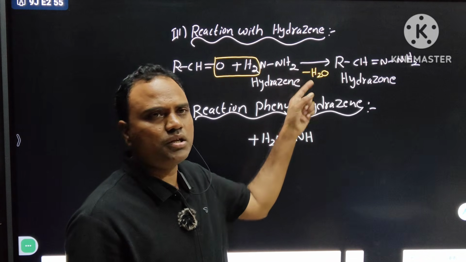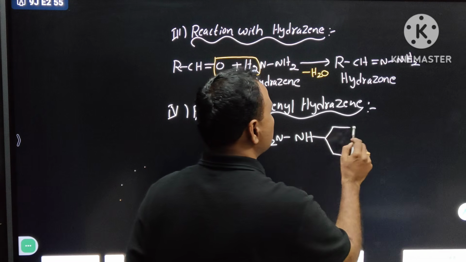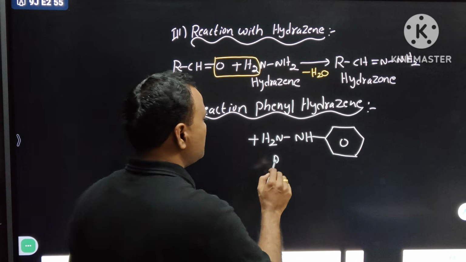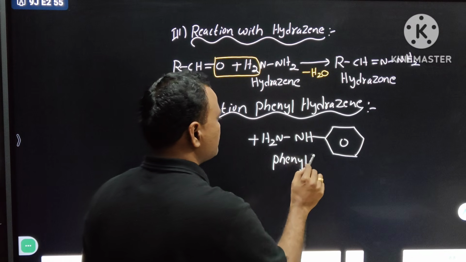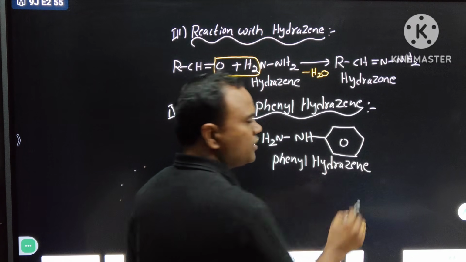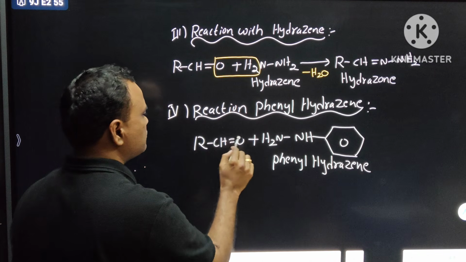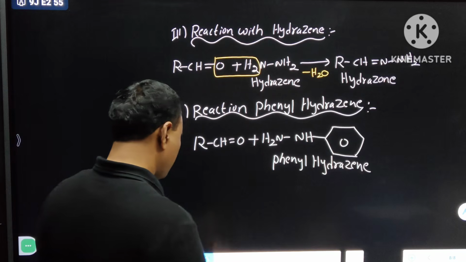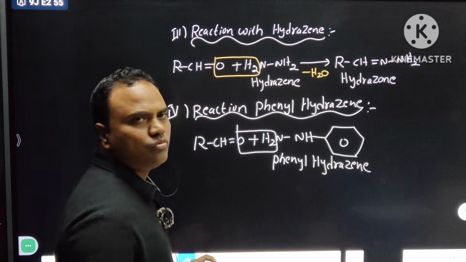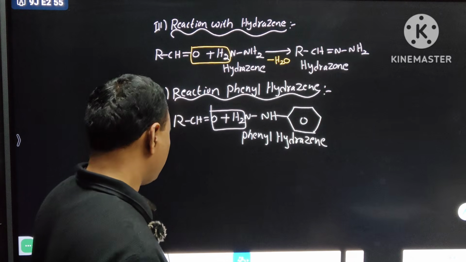Here two hydrogens are there. I am taking only one hydrogen and I am attaching phenyl group. This is called phenyl hydrazine. Hydrazine or phenyl hydrazine? Phenyl hydrazine. At this side aldehyde or ketone. Same mechanism. What we have to do? We have to remove water, right?